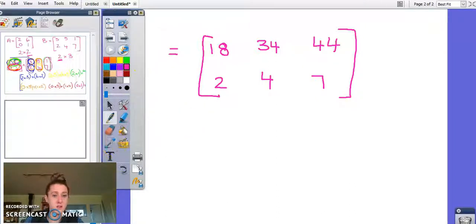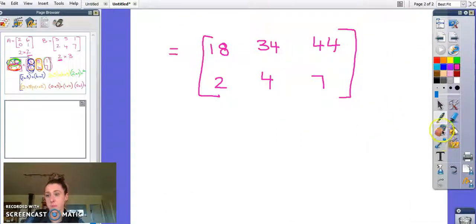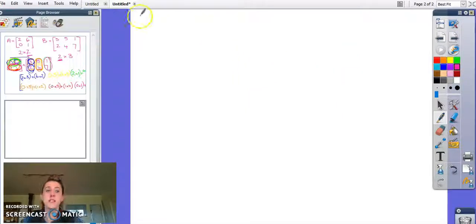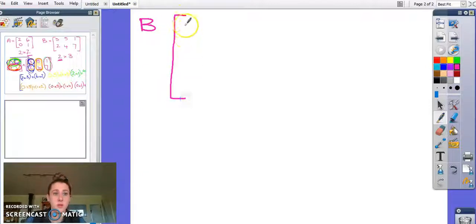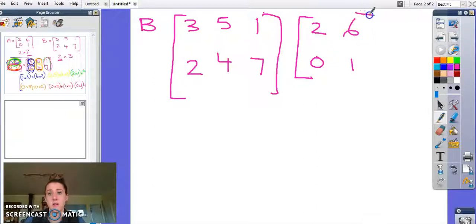Alright, I'm going to clear this, move this back over here now. So if I was going to do B, which was 3, 2, 5, 4, 1, 7, and I was going to try to multiply it by A, which is 2, 6, 0, 1.